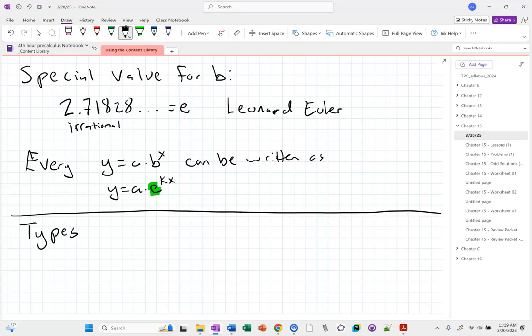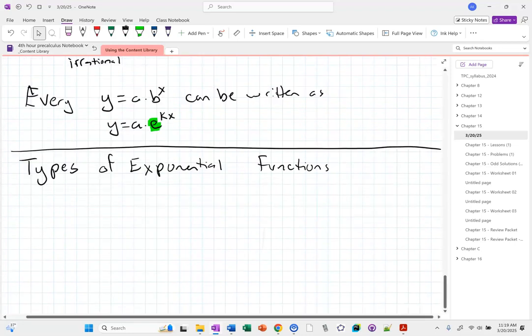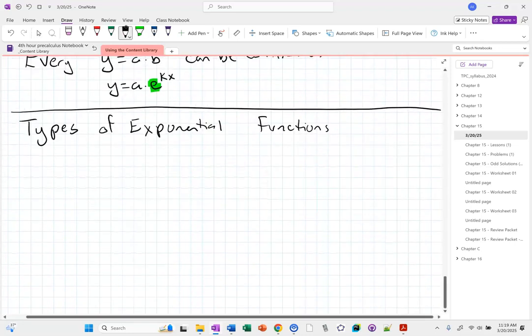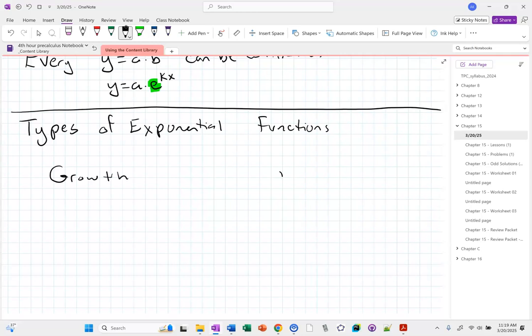And the last thing I want to talk about are the types of exponential functions. We have two types: growth and decay.